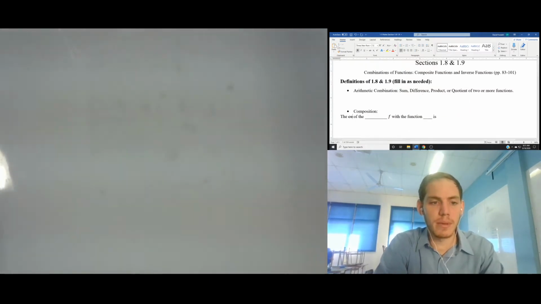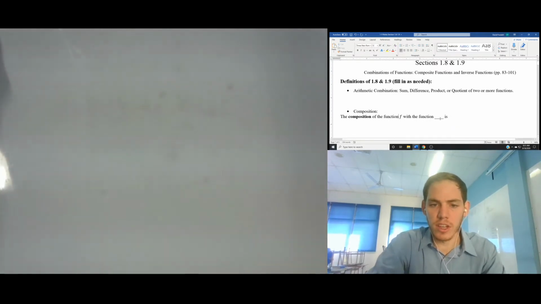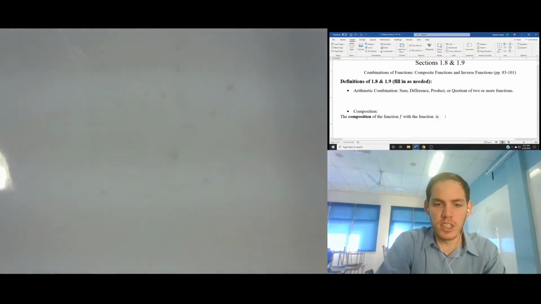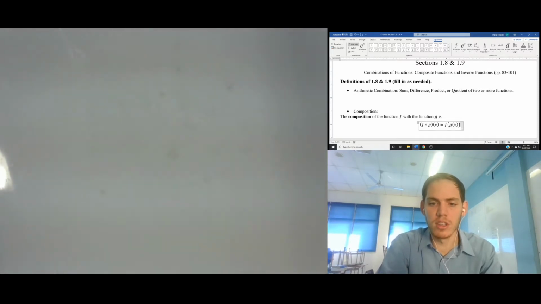The composition of the function f with the function g is f of g, where you substitute g of x in for x.